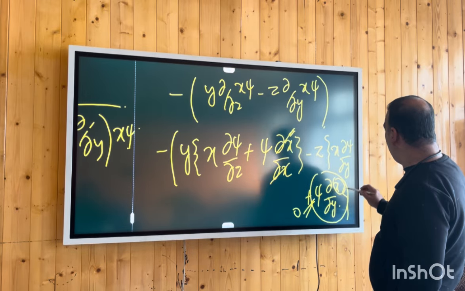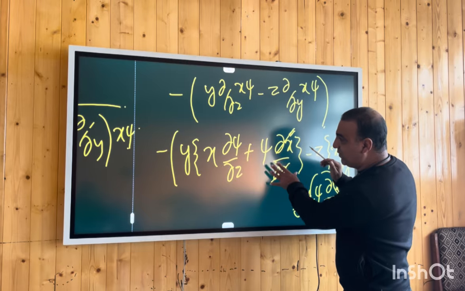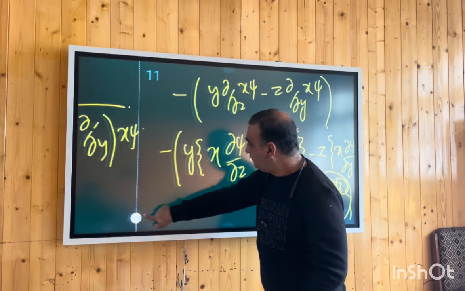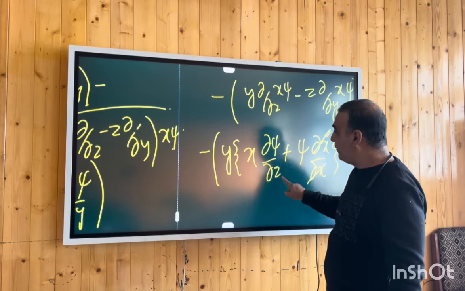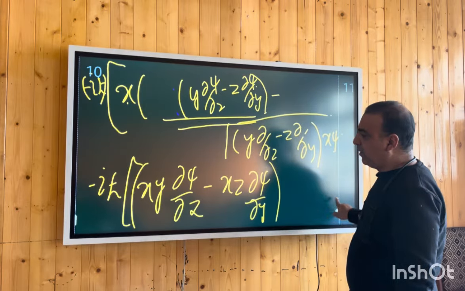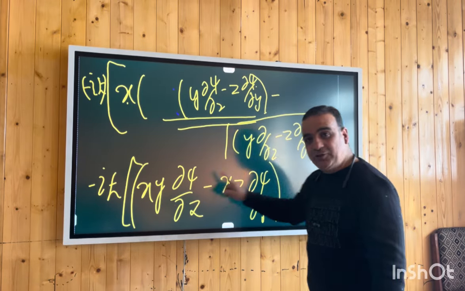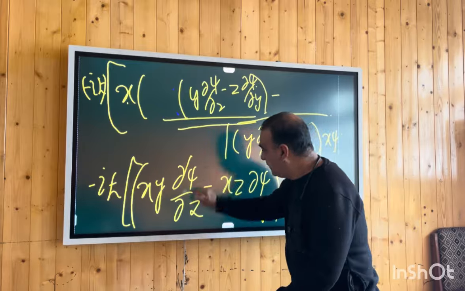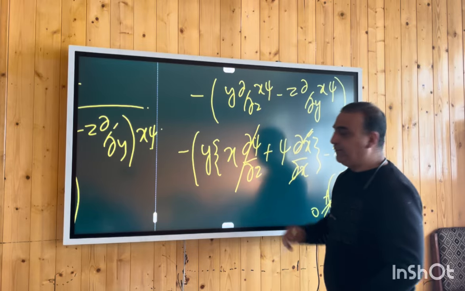Okay, now let us look back. So this thing has existed, okay? Now you see, what is here? Look at this. Yx dou psi by dou z. This is positive and that is negative. So this term and this term is gone.